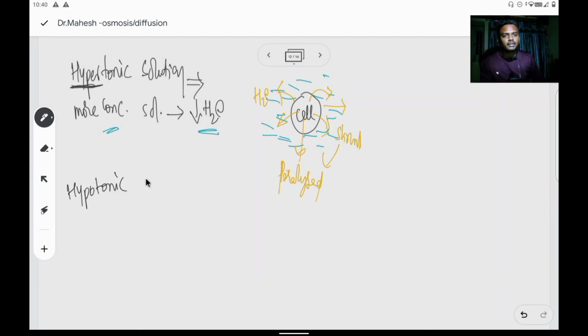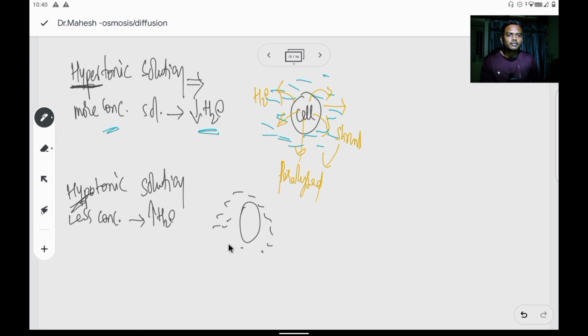If you understand this earlier, this will become very easy for you to understand. Hypo means less. That means less concentrated, less number of solute particles, which means more water. Now keep the same cell.